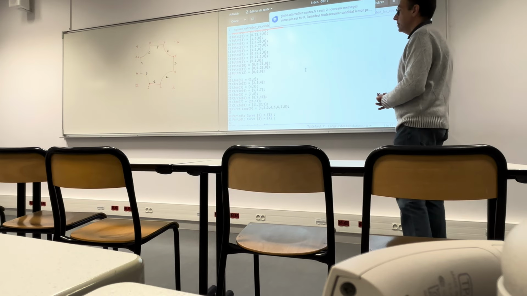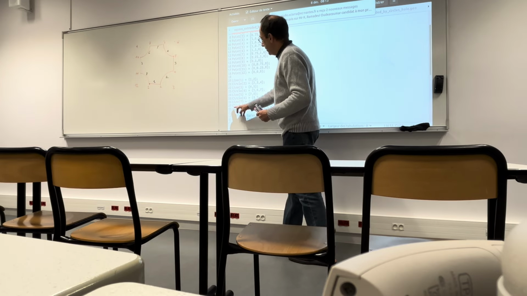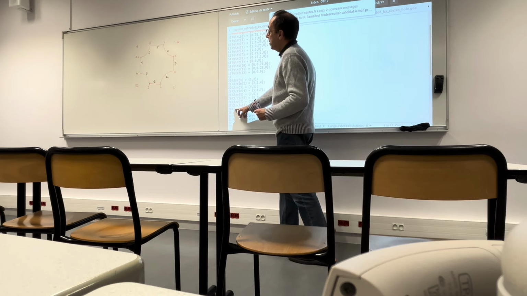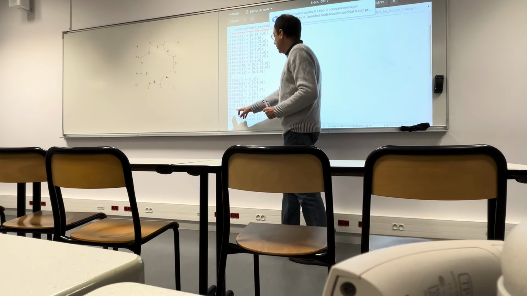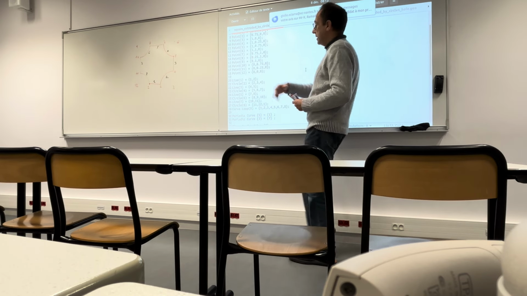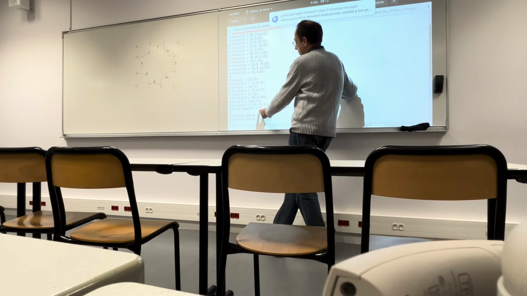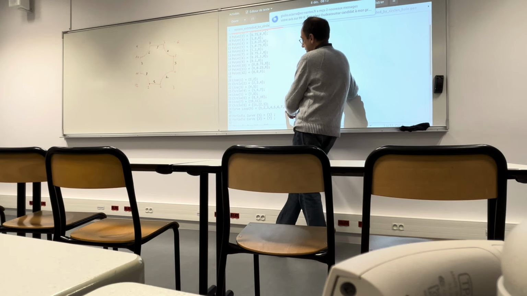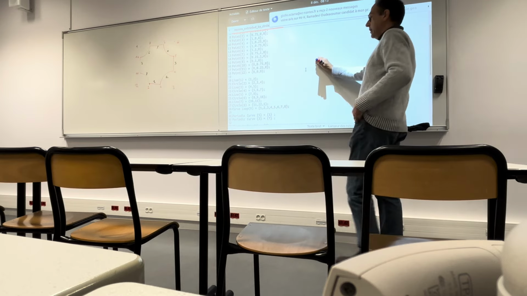Okay. So these are all the lines, and then the global line, which will constitute the boundary of our domain, which is the join of all the lines.